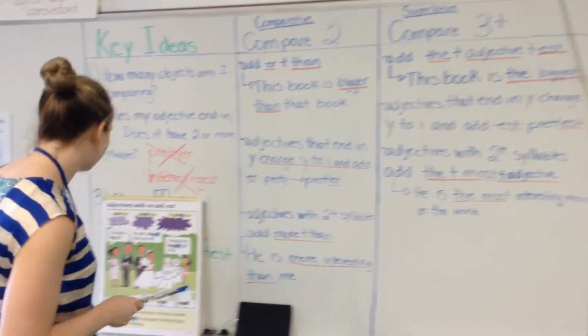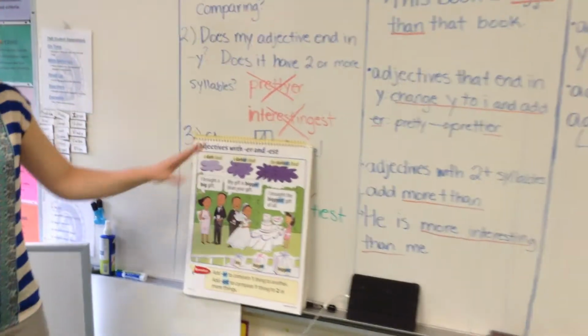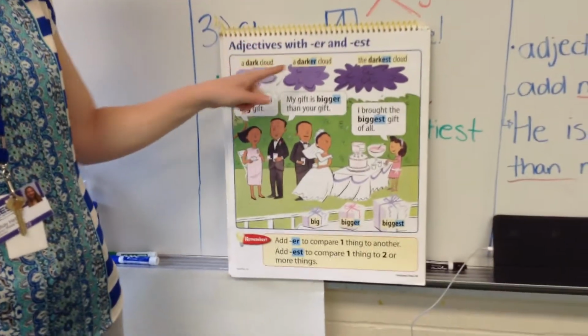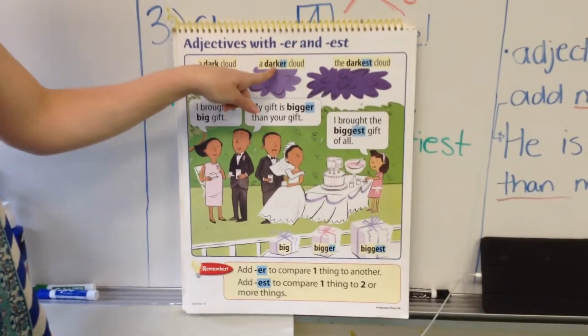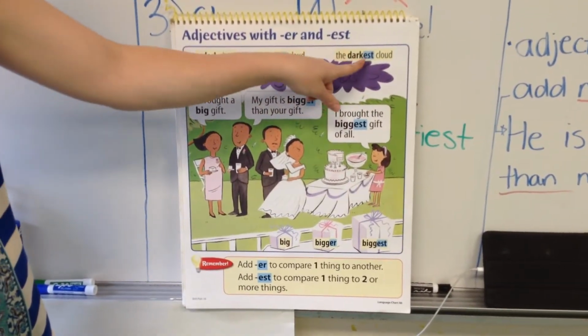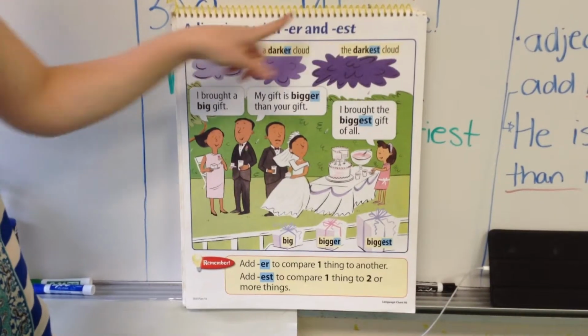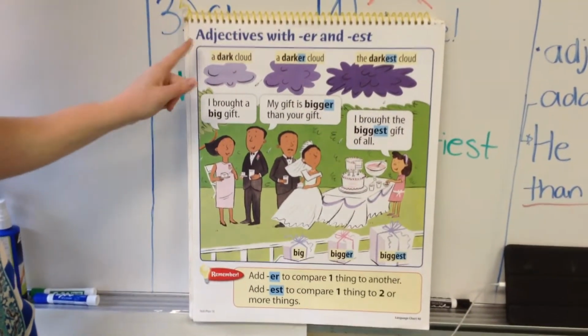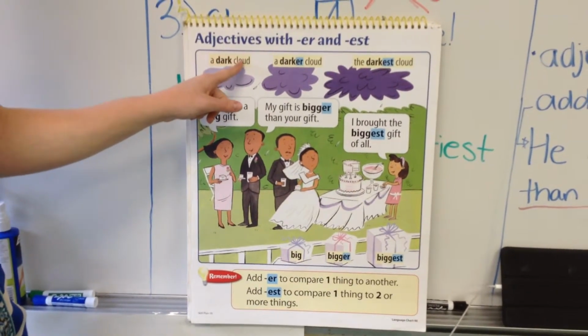Now on this chart over here we can see an example of how these are used in English. For the most part, we add ER or EST to the end of an adjective. Here we're not comparing anything at all. All we're saying is that this is a dark cloud.